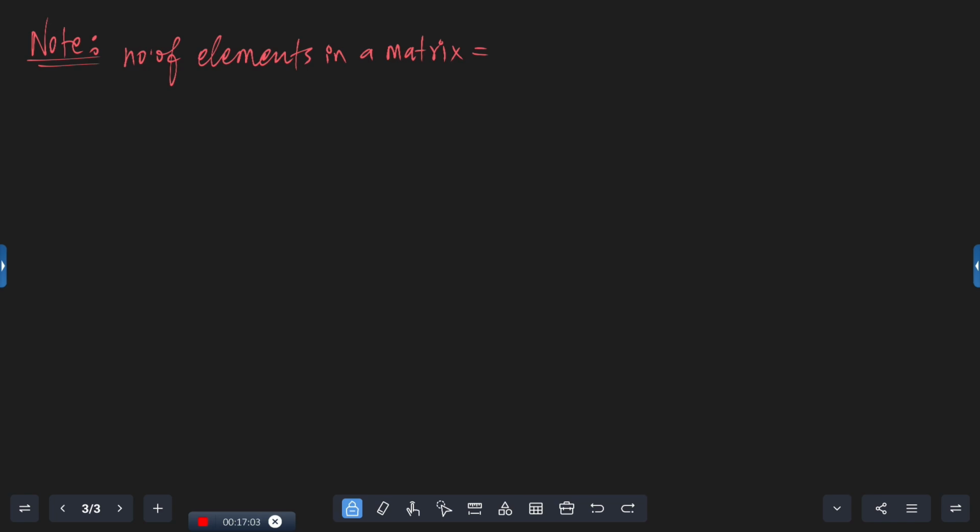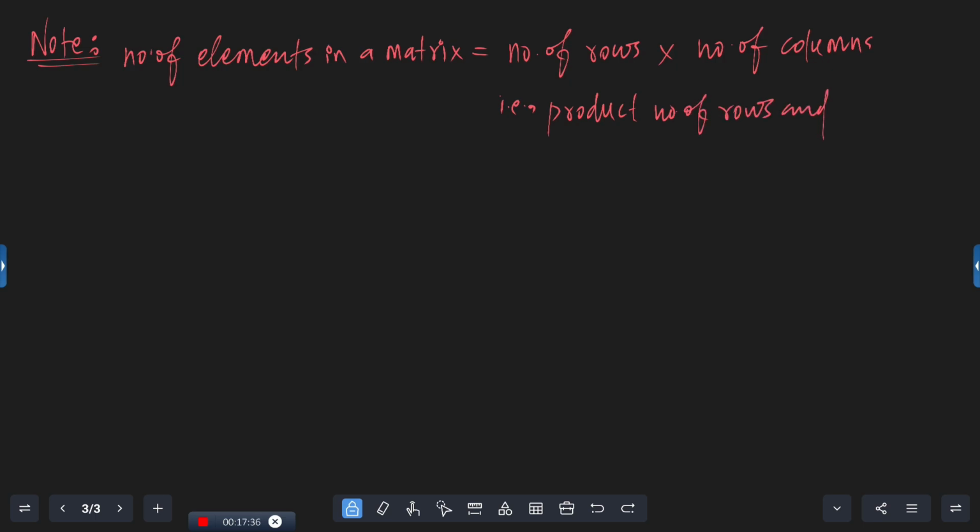That is, the product of number of rows and number of columns, that is mn.